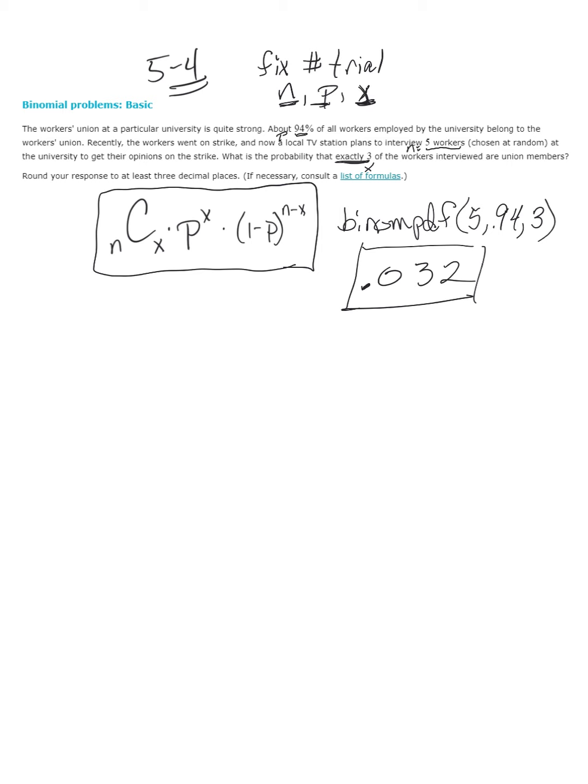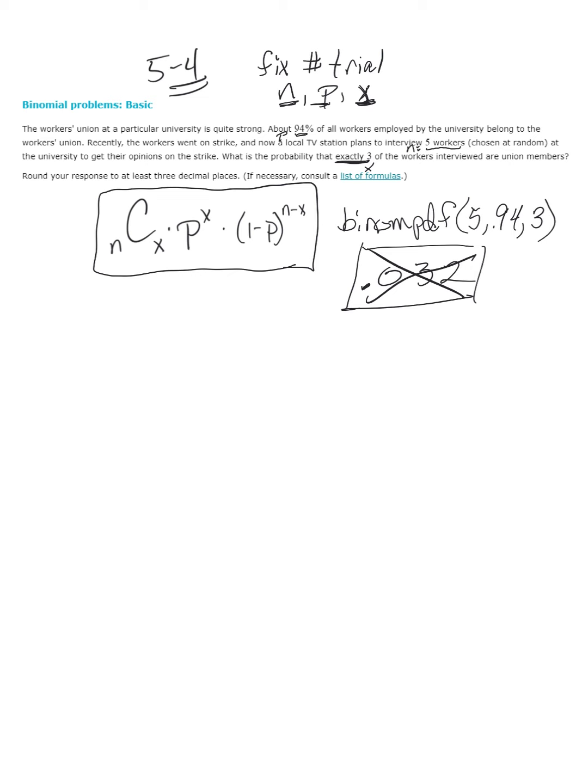Make sure I type, nope, that is the wrong answer. I didn't think that made sense. I was using binomial CDF, which is important that you don't use. So let me go back and do this again. So I'm going to go down to binomial PDF.